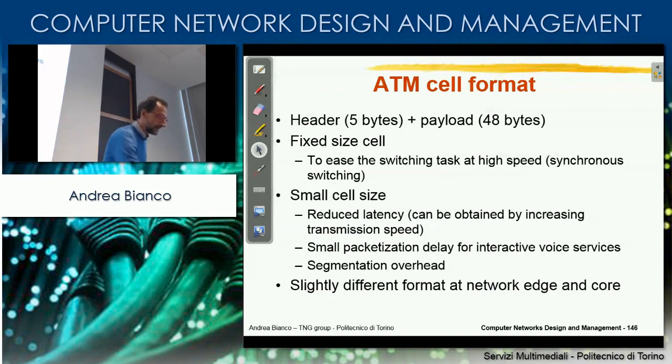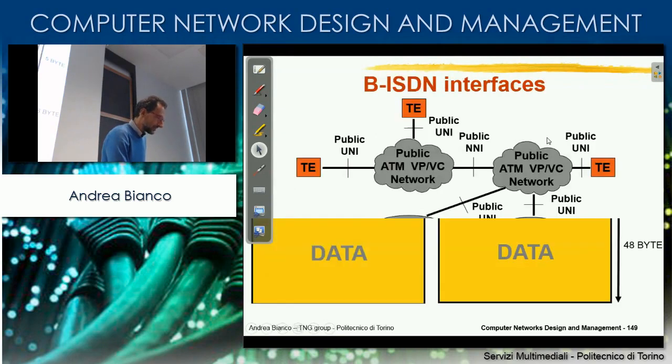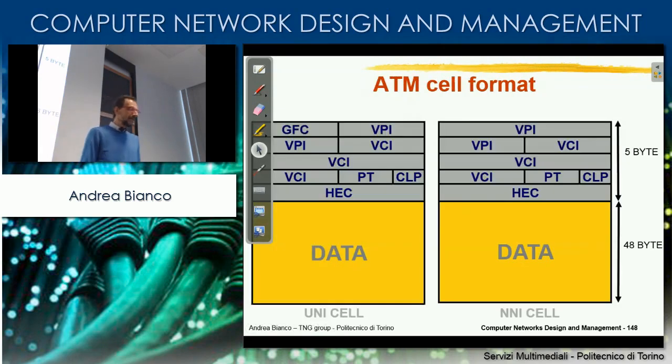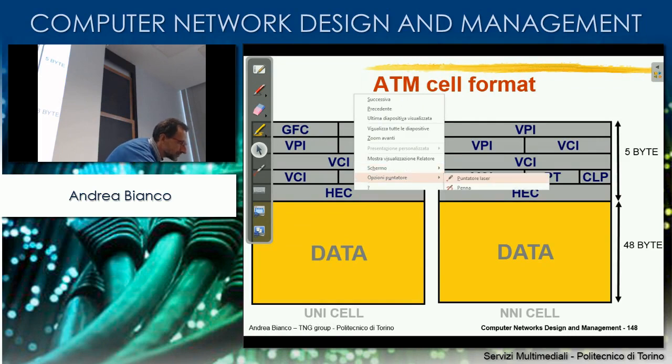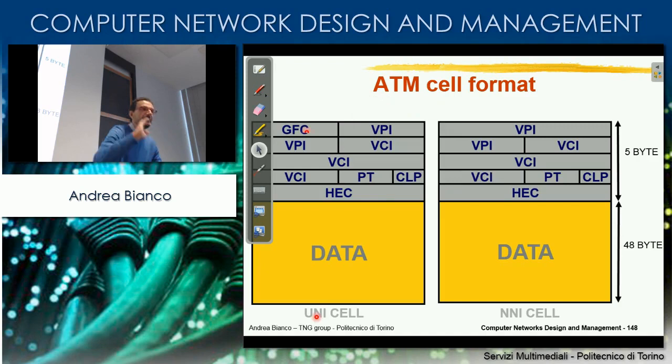And indeed, if you look at the packet format, you will see that basically, let me skip some details. Let's forget about GFC, which is available only at the user-to-network interface. So on the access, there is a slight mismatch between the two packet formats. It doesn't matter. It's not so important. Let's forget about it.